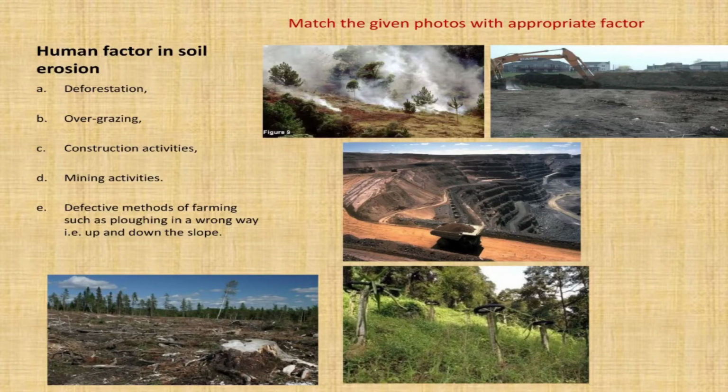So, man has recently become the most important factor of accelerated soil erosion because his multifaceted activities change and modify almost all of the natural factors which control soil loss and soil erosion.